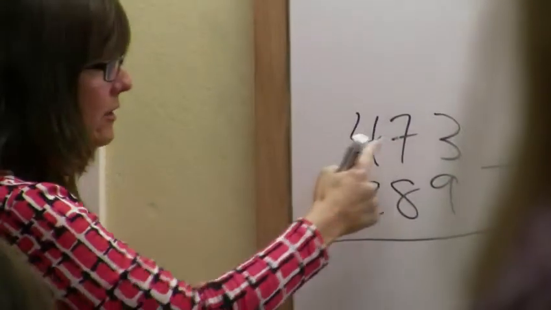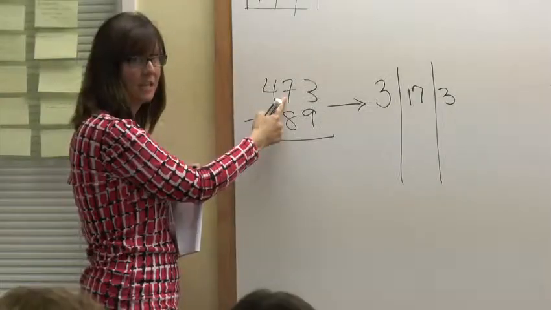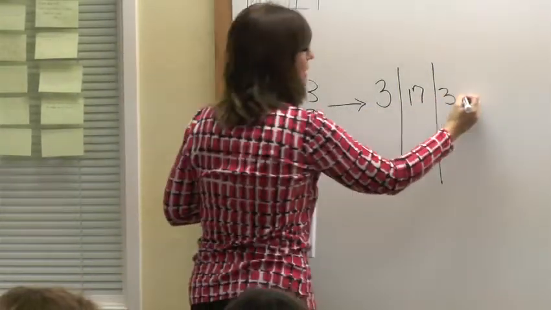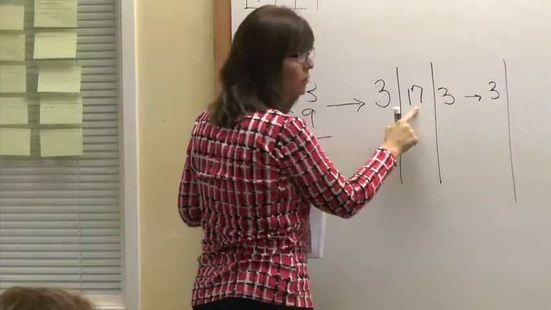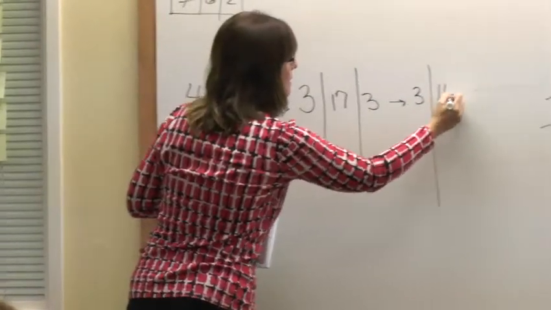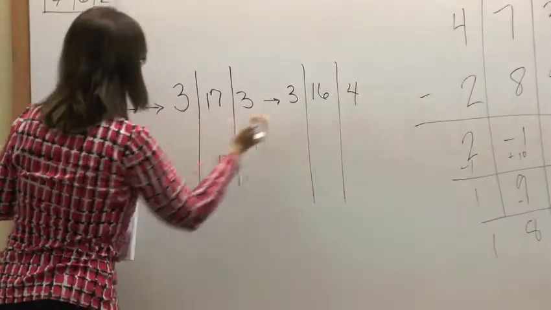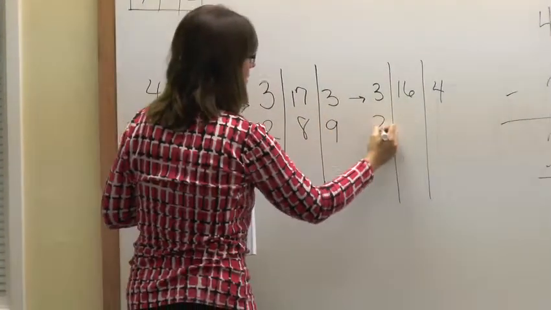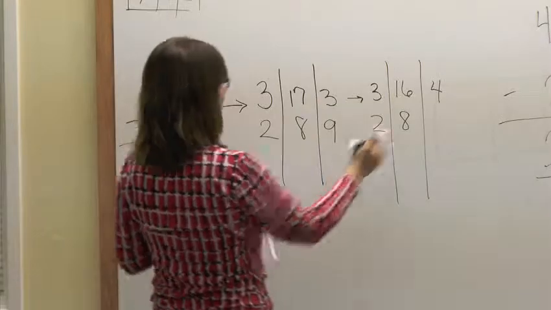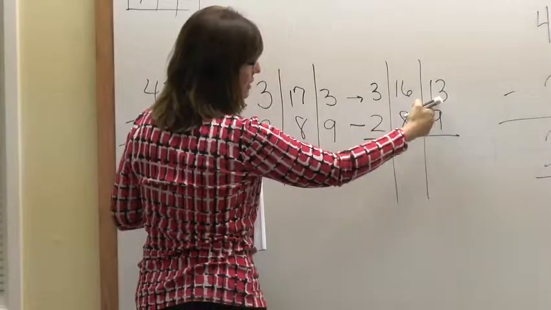So I took 1 from here, exploded it into 10, and put it in this column. Then I moved over 1 more, I have 3, and I exploded one of the pebbles from here into this column. 13 plus 4. And then the subtraction from there, I could do 13.